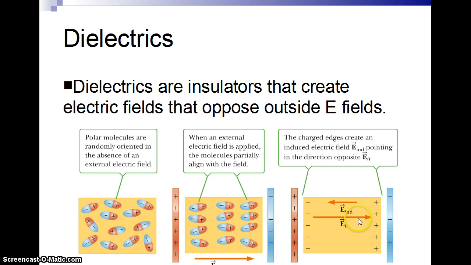When we're adding two vectors that point in opposite directions, you just subtract them. So that means there's less electric field, so it actually means you can put more charge on there for the same amount of voltage. If you can put more charge on there for the same amount of voltage, you have more capacity for charge, more capacitance.